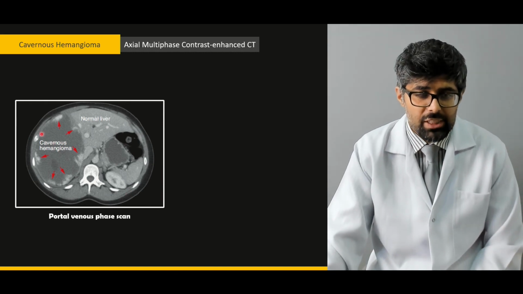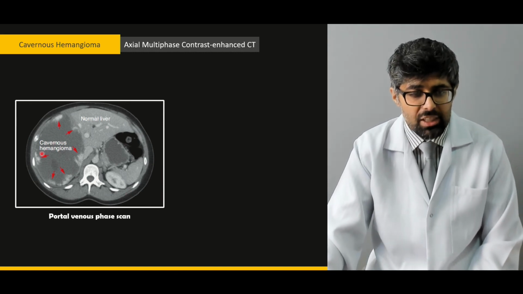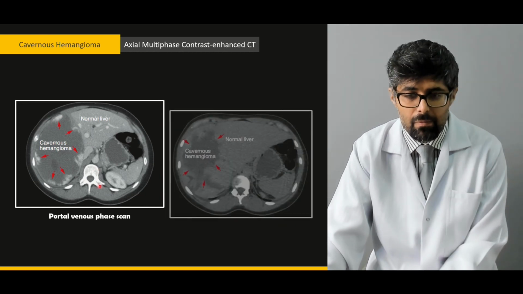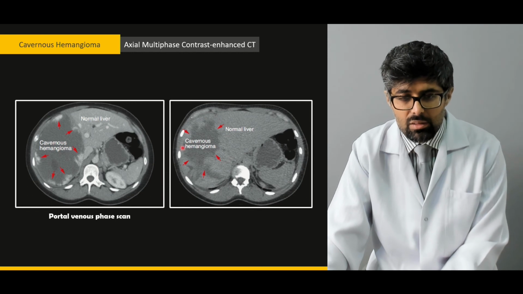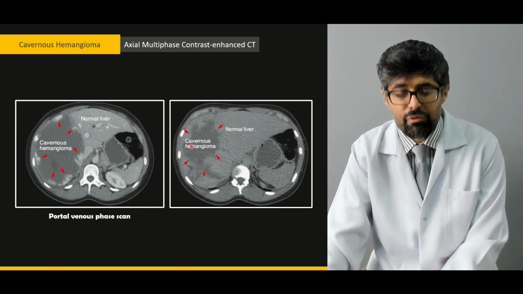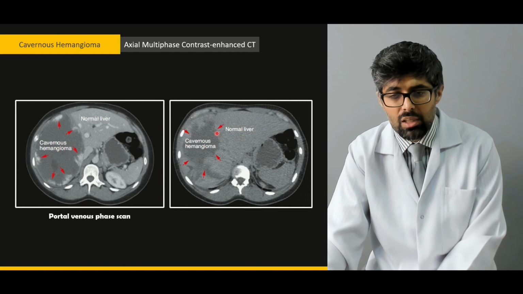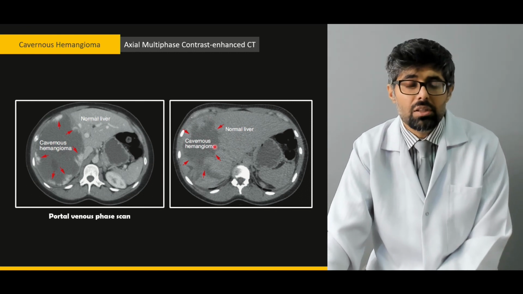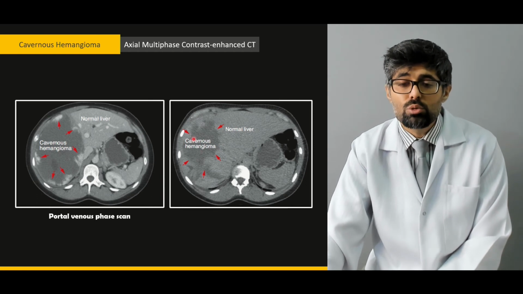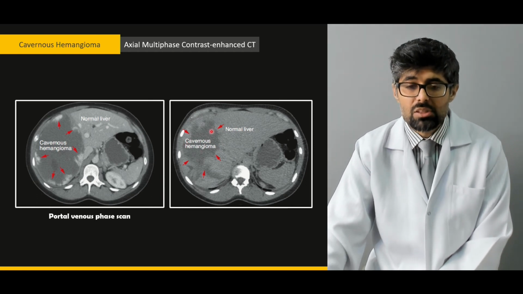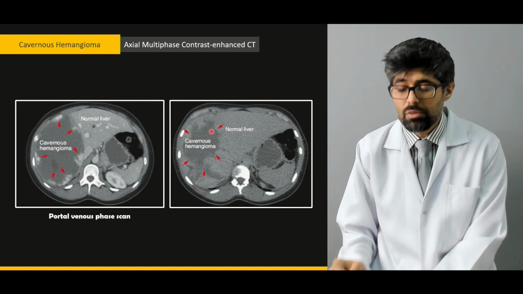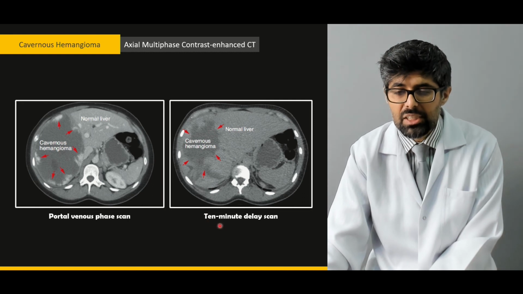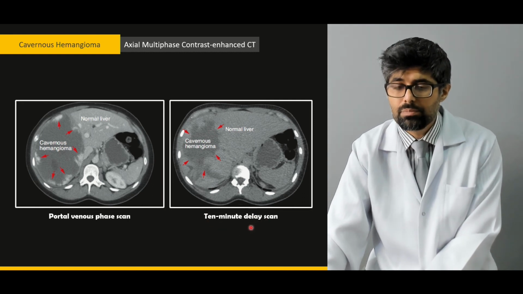So this is the cavernous hemangioma that has taken all of the right lobe of the liver, and as the study has phased, as time has passed, the centripetal enhancement has occurred and the cavernous hemangioma has reduced in size. So this is very indicative of a cavernous hemangioma inside a liver. This is a 10-minute delay scan.